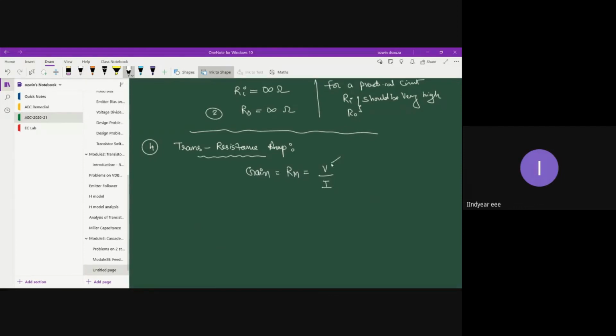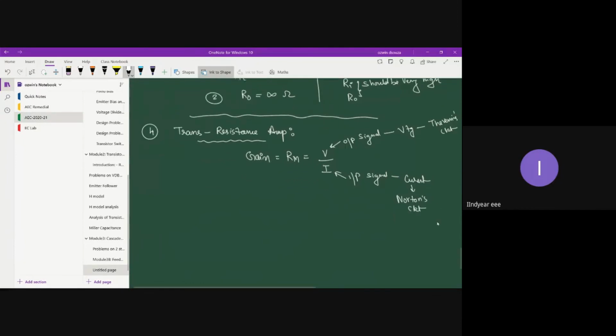So the output signal is voltage and the input signal is current. That means on the output side you should have a Thevenin circuit, and on the input side you should have a Norton circuit.